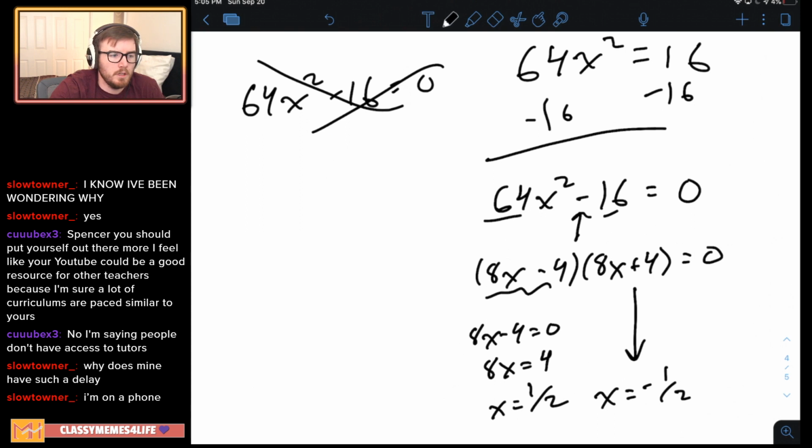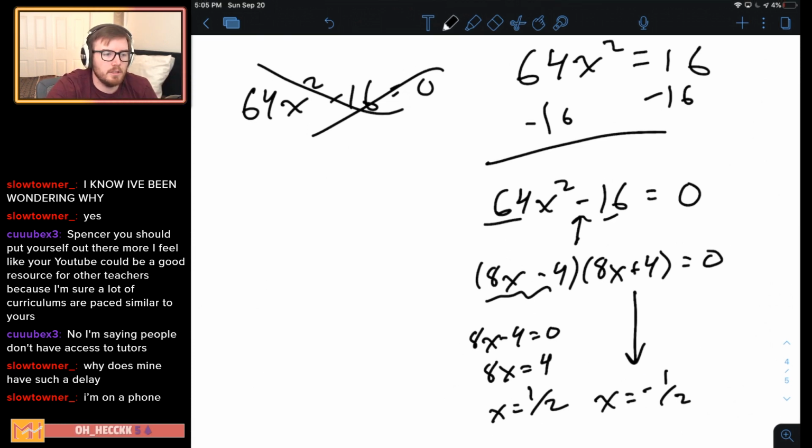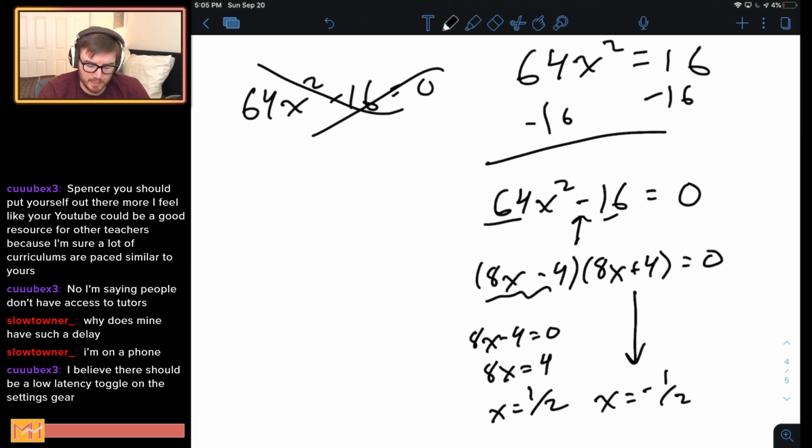You're on a phone. Cube, is there a way to adjust the stream delay on a phone? There should be, in the settings gear, something about choosing to watch on less of a delay.